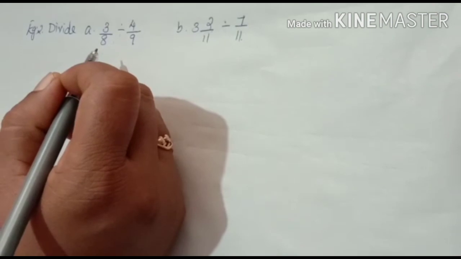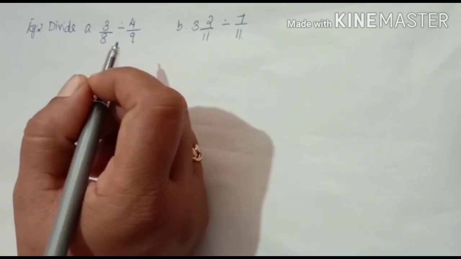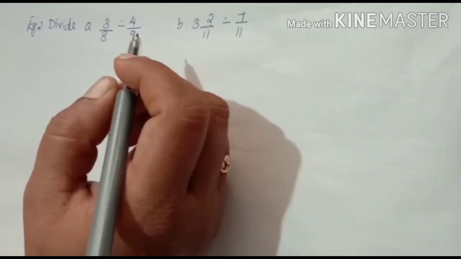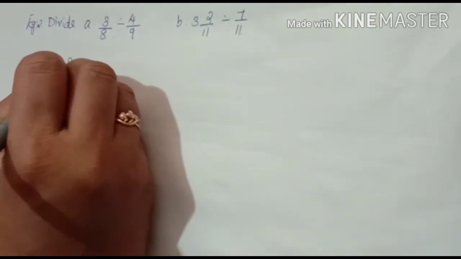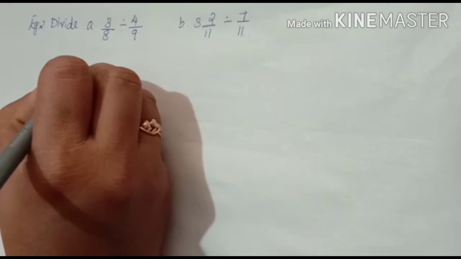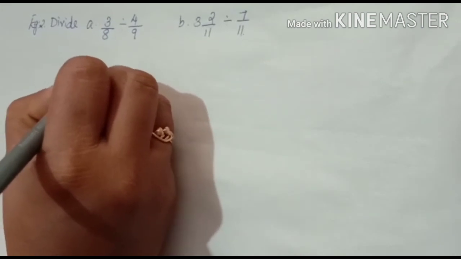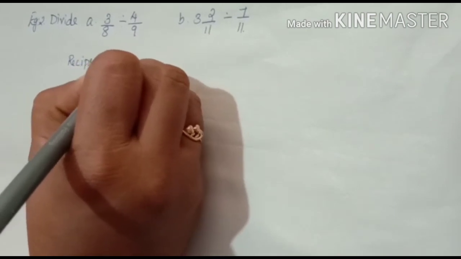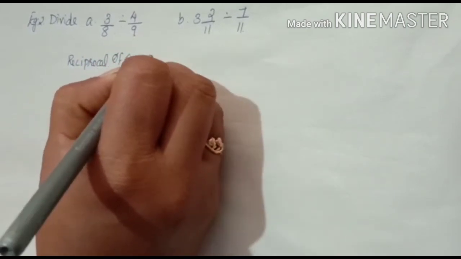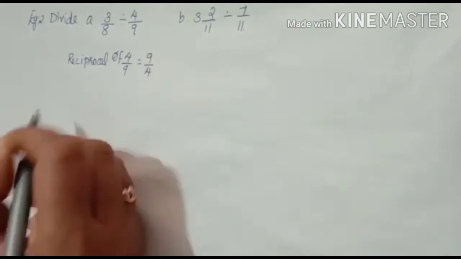To divide 3 by 8 by 4 by 9, we need to multiply 3 by 8 by the reciprocal of 4 by 9. Reciprocal of 4 by 9 equals 9 by 4.